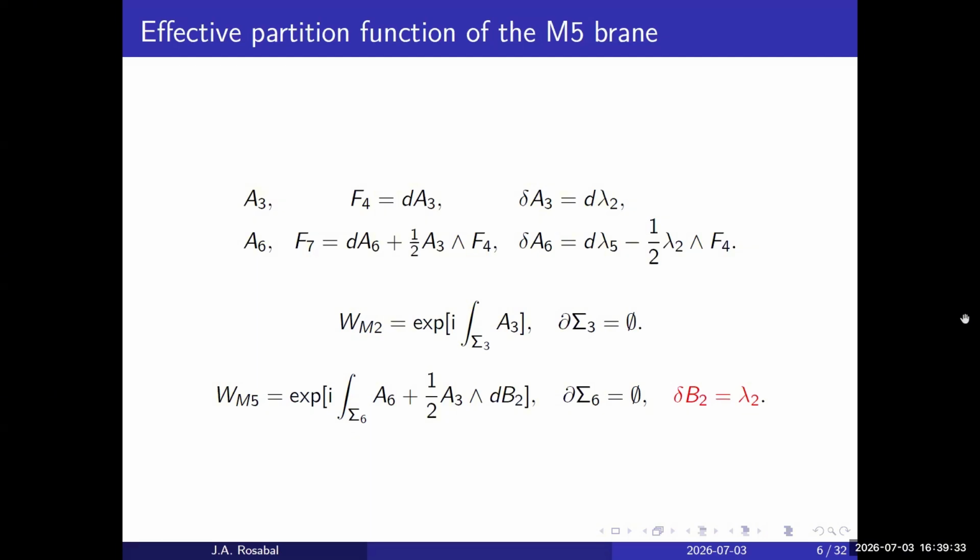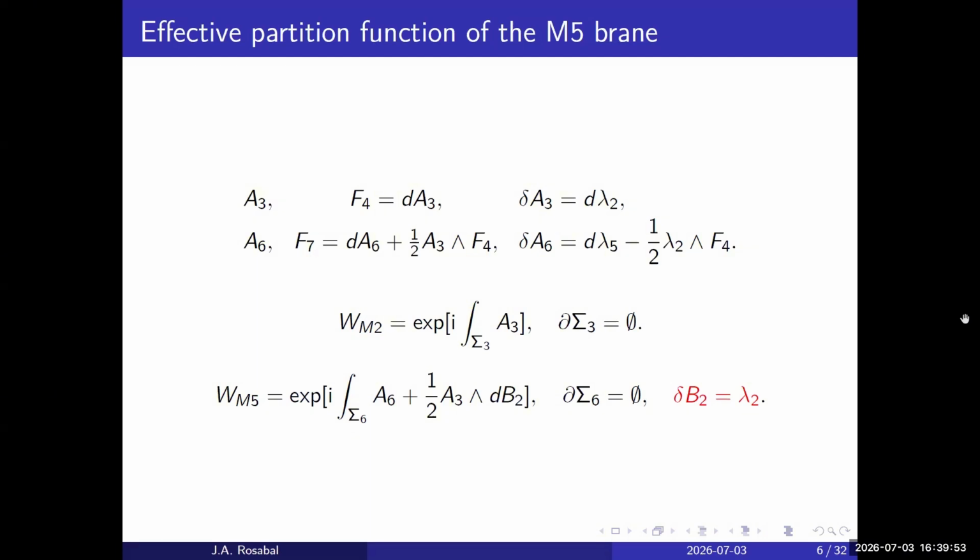This B2 field lives on the M5 brane only. It's not a field that propagates on space. It's a field that lives on the M5 brane. And now the question is, what is the observable in the effective theory?